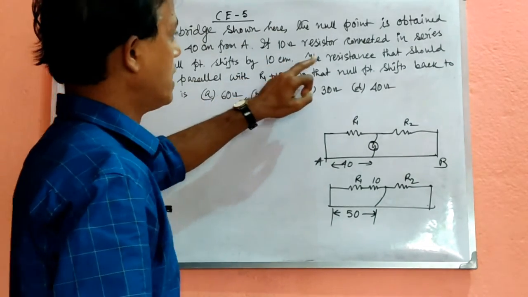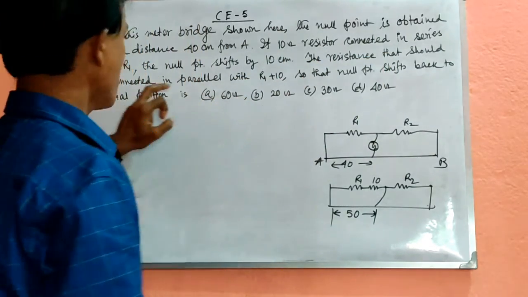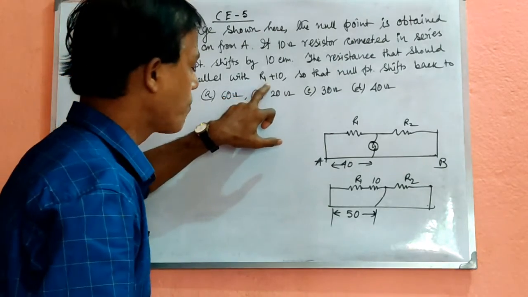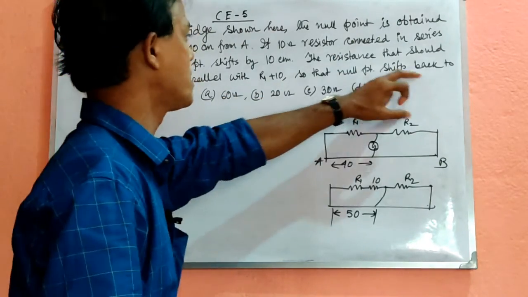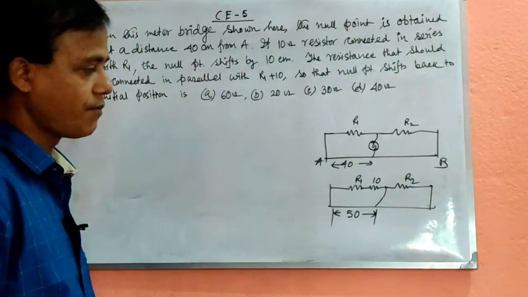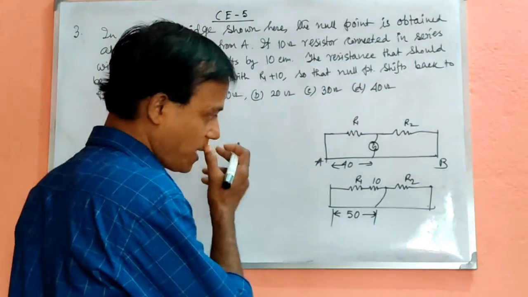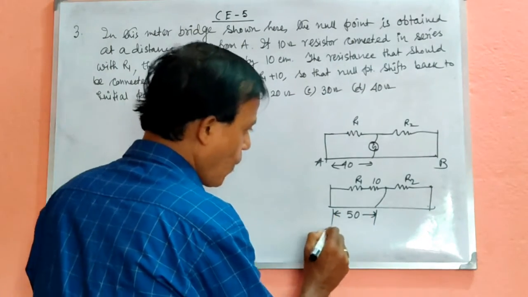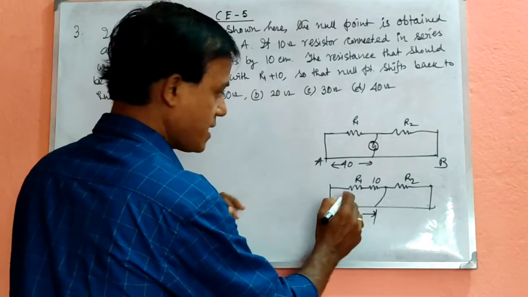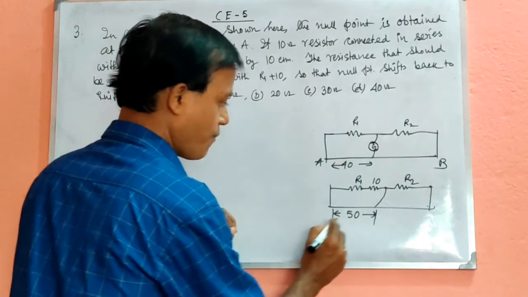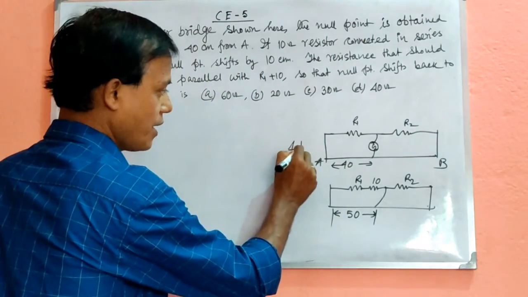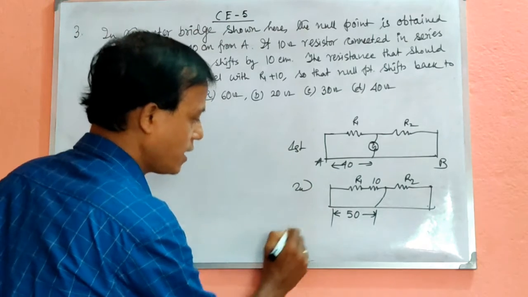Now, what resistance should be connected in parallel with R1 plus 10 so that the null point shifts back to its initial position? In the third case, we introduce another resistance in parallel with this. It is first case, second case, and third case.